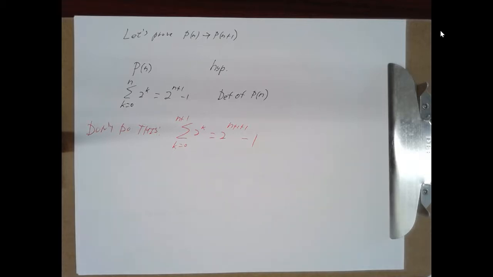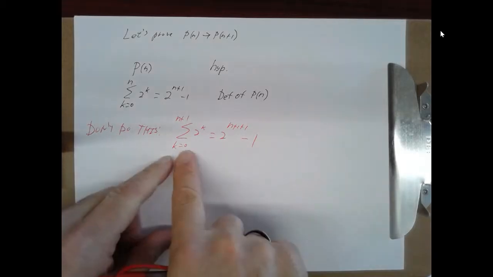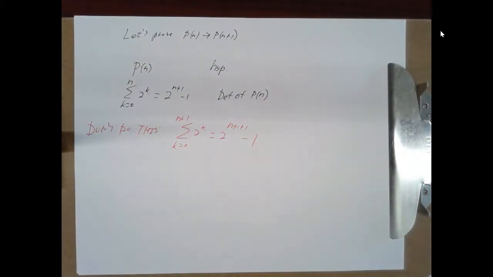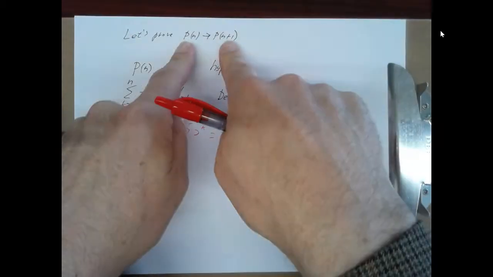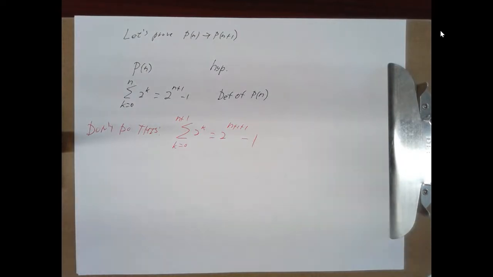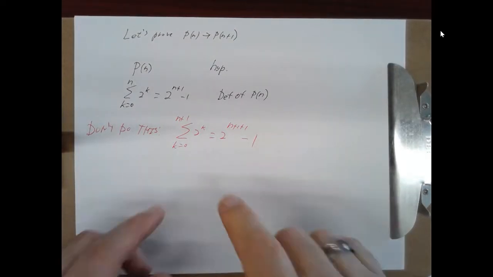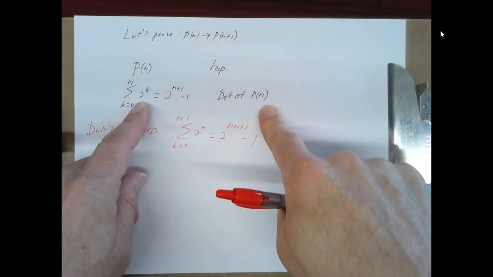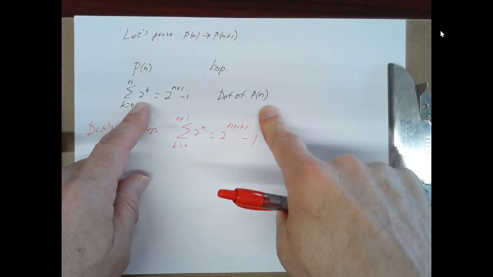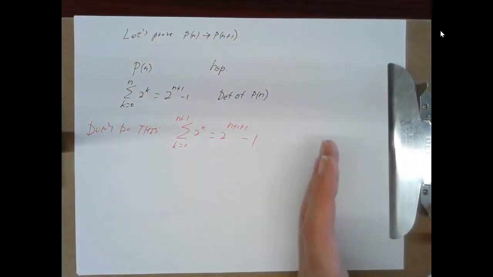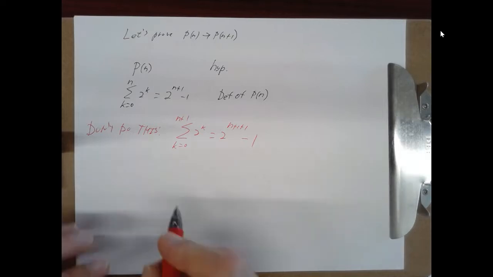Okay, this is what P of n plus 1 says. It's what we're trying to show. As soon as you legitimately write this in your proof, you're done. You've proven this if-then statement. Now you just say, therefore, P of n for all n. But unless this follows directly from this, you can't write it. Okay, you can put it in that ignore section. I saw some ignore sections. That was great. But don't write this down.